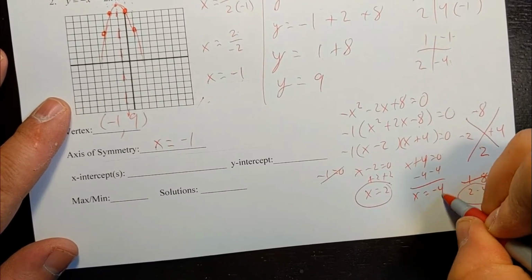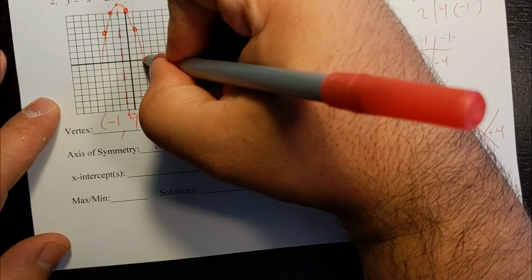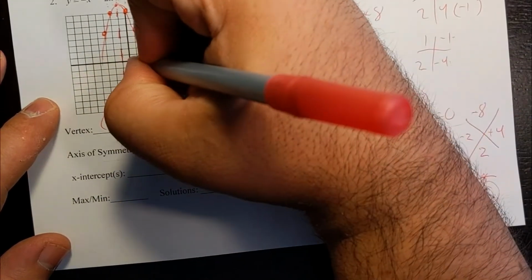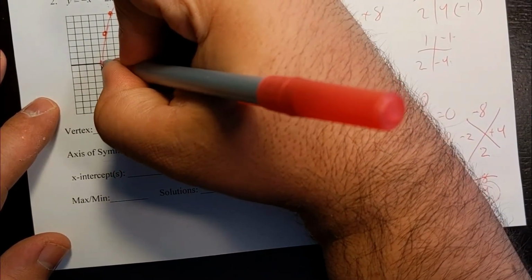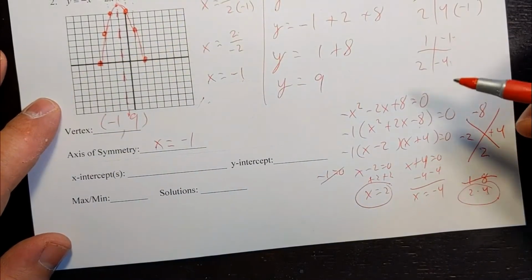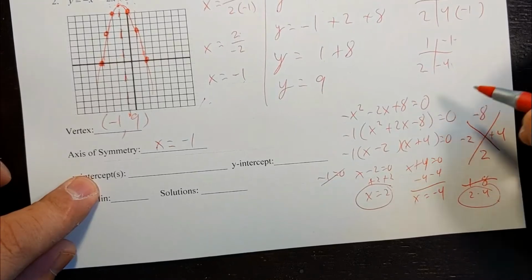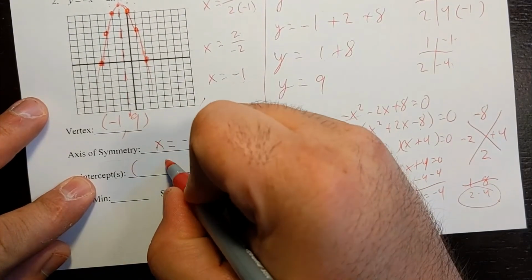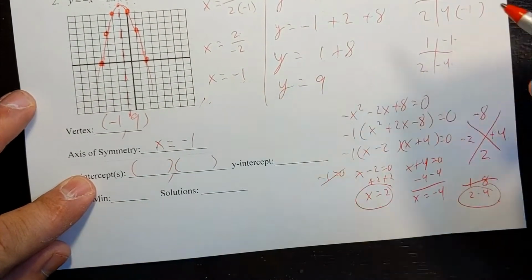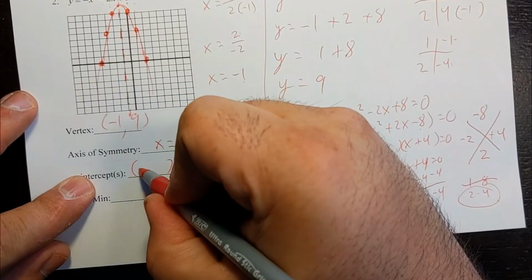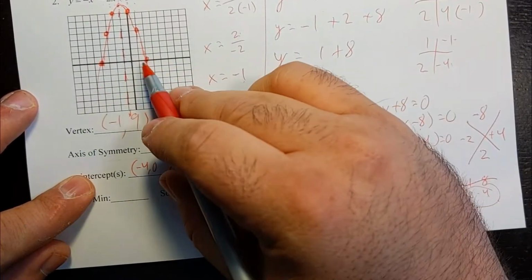You get a negative 4. That means that at positive 2 and at negative 1, 2, 3, 4, you're going to get 2 more points on that parabola. And your x-intercepts are going to be those coordinates of negative 4, 0 and positive 2, 0.